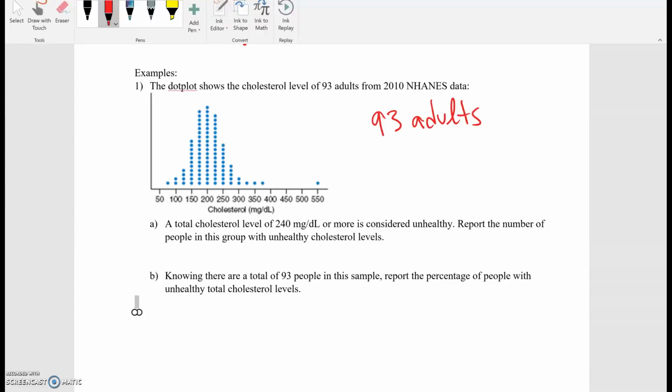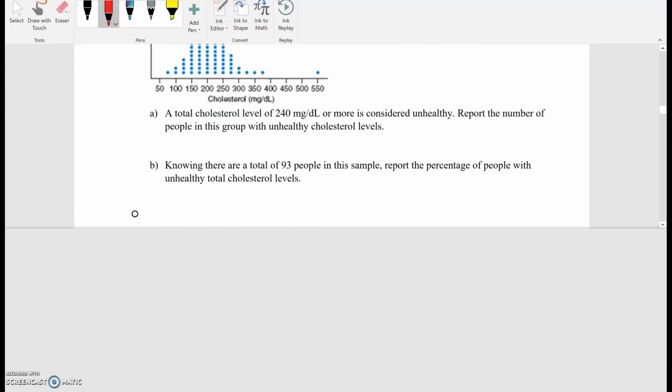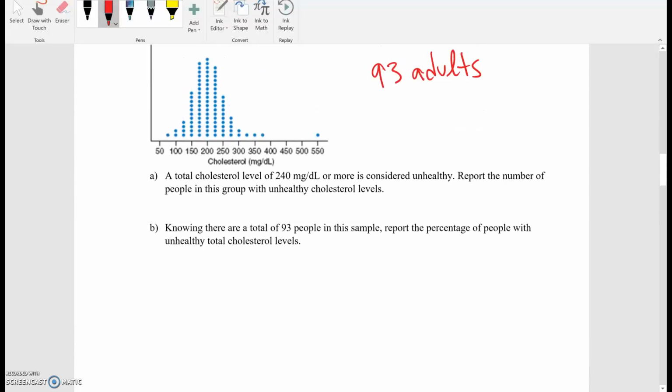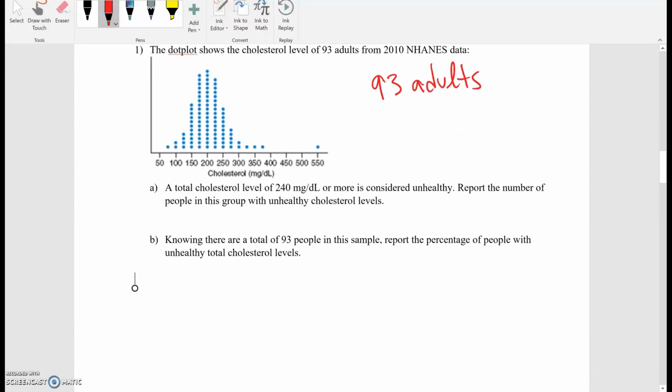The first problem says a total cholesterol level of 240 milligrams per deciliter or more is considered unhealthy. So report the number of people in this group with unhealthy cholesterol levels.